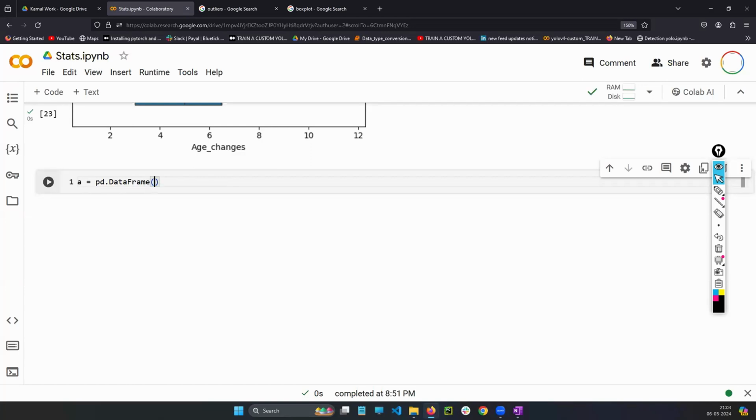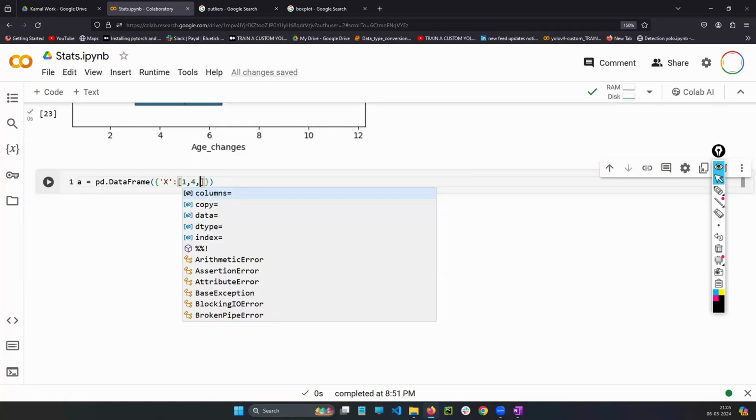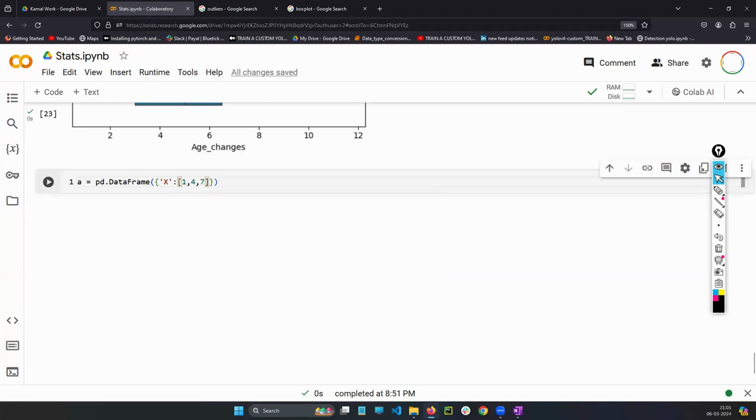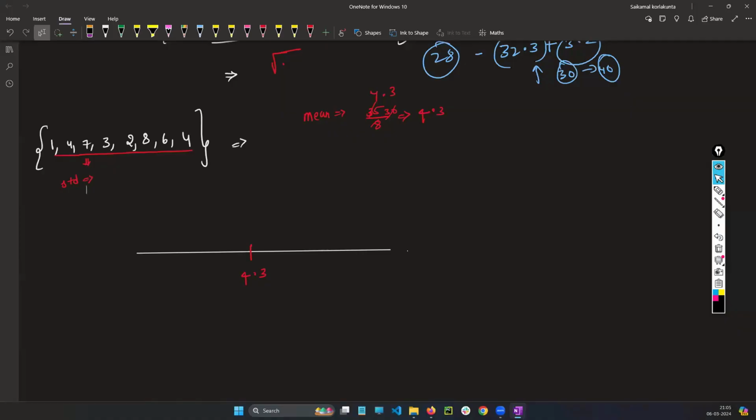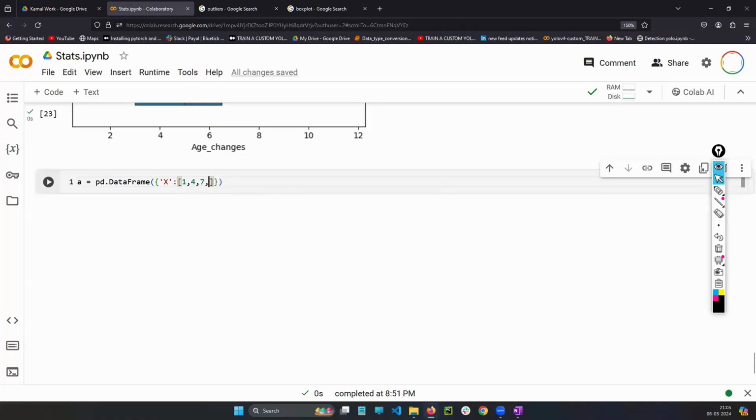I'm going to create a column named X, and pass the values 1, 4, 7, 3, 2, 8, 6, 4. Total 8 values.